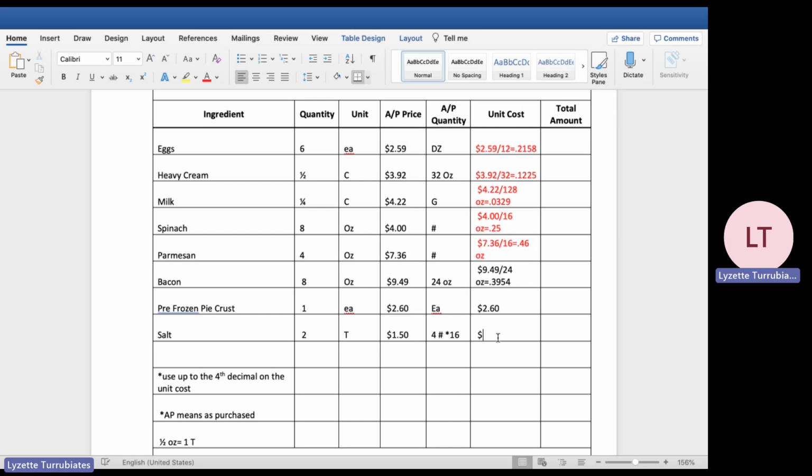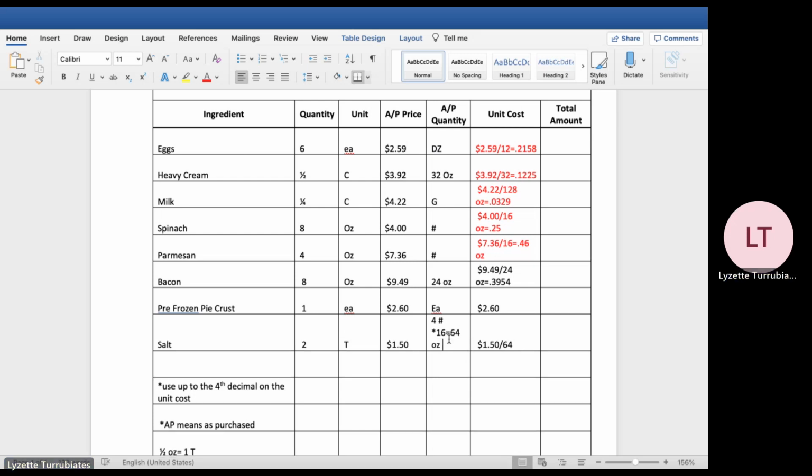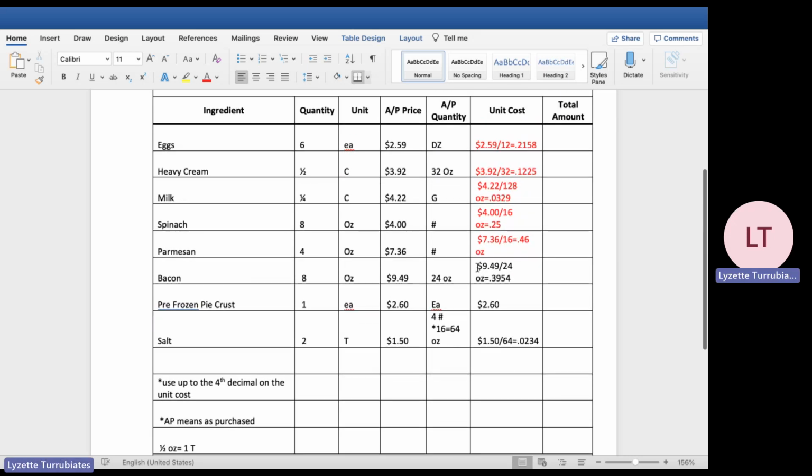So I'm going to take $1.50 and we're going to divide it by 64 because there are 64 total ounces, so I'll just put 64. And that's going to give me 0.0234. Okay, perfect. So now I know my unit cost for each item.